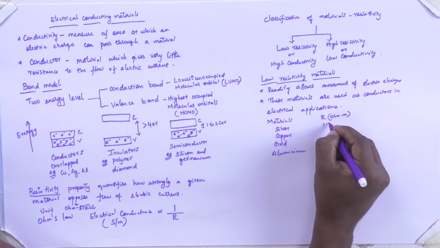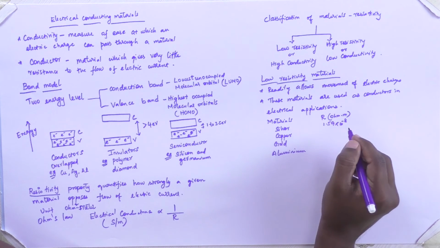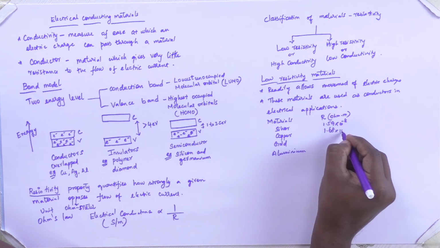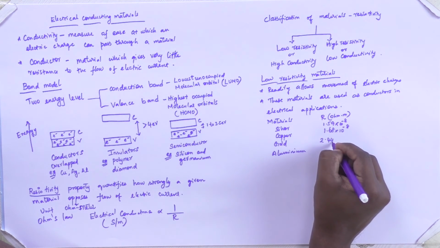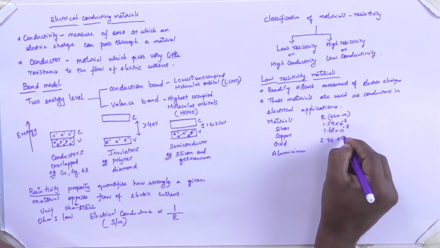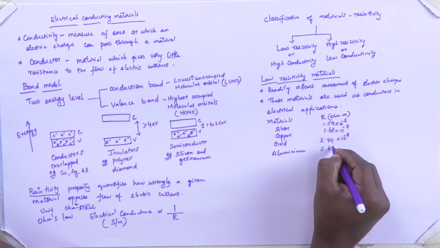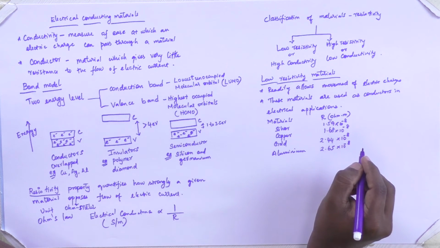silver's resistance is 1.59 into 10 power minus 8 and for copper it is 1.68 into 10 power minus 8, and for gold it is 2.44 into 10 power minus 8 and for aluminium it is 2.65 into 10 power minus 8.